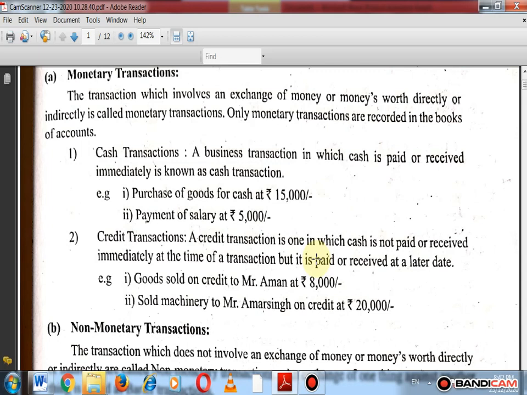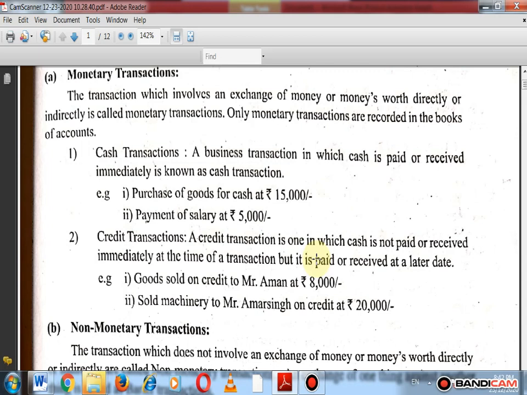For example, goods sold on credit to Mr. Aman at rupees 8,000, the selling date is 1st January 2020, and the amount is received on 8th February 2020.